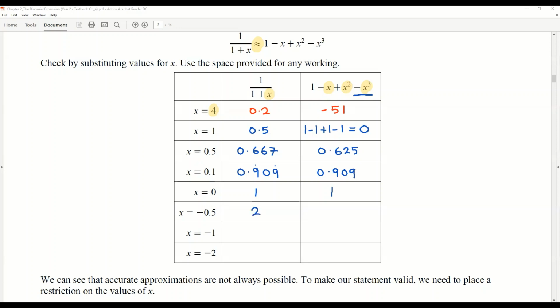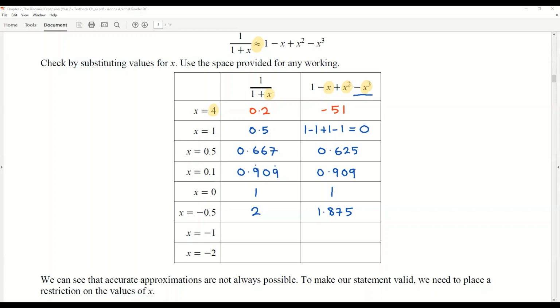And then if you substitute negative a half into the right-hand side, we get 1.875. Not too far out. Okay, they're reasonable answers. I think that seems to be about the same. And I'm sure if I added more and more terms, we would get the same or an even better approximation. But we'll talk about that a bit more in a minute.